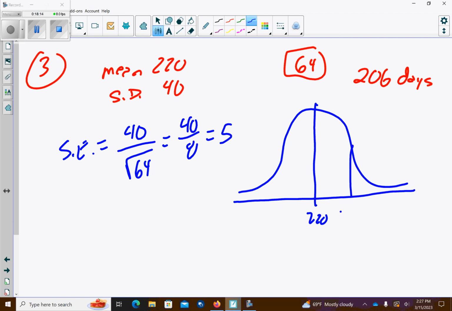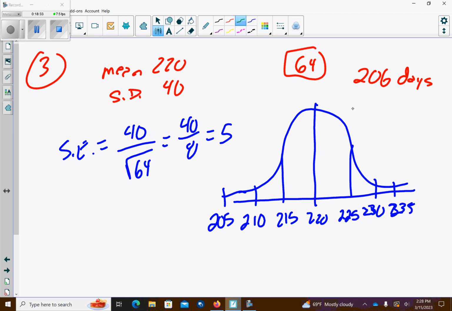We're going to add 5, so that's 225, 230, 235, and subtract 5: 215, 210, and then 205. Oh, look at this. So that 206 days is falling down here. So that might be something pretty cool to see.